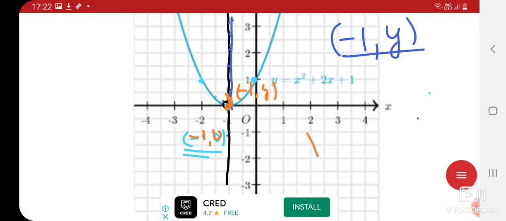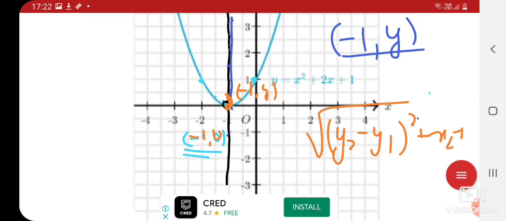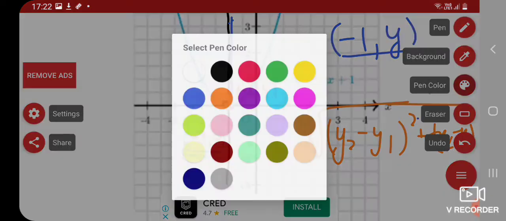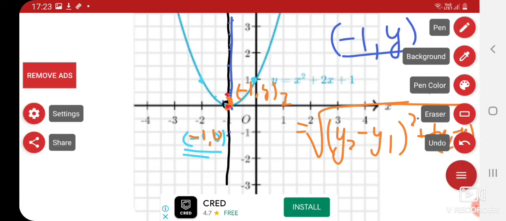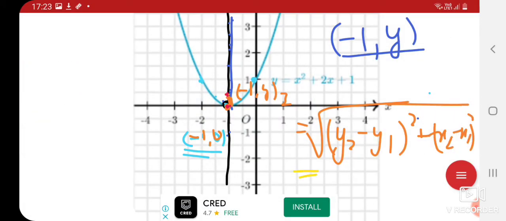So the distance between this and this will be given by y2 minus y1 all the square plus x2 minus x1 whole square equals what? This distance from this point to this point. Is that right? Now let's suppose this y which is written here is our y2.